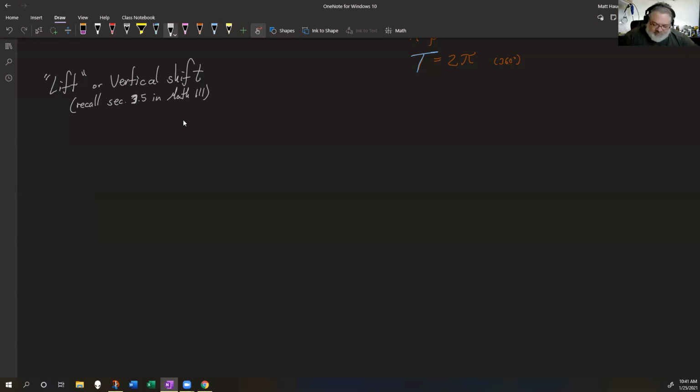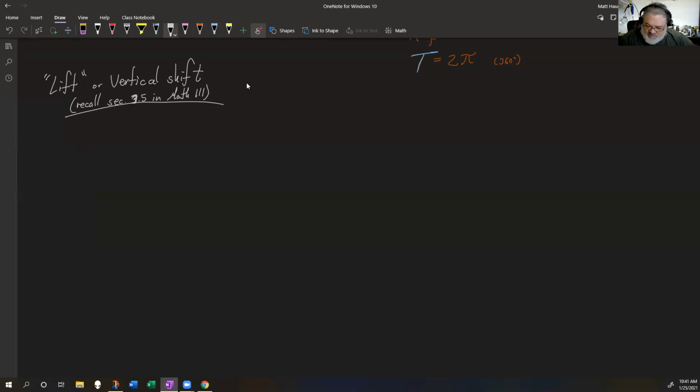So if you've got our copy of the textbook, you can look back at section 3.5 for a review of that if you want. But that equilibrium, that lift value is a vertical shift like it was in 3.5.